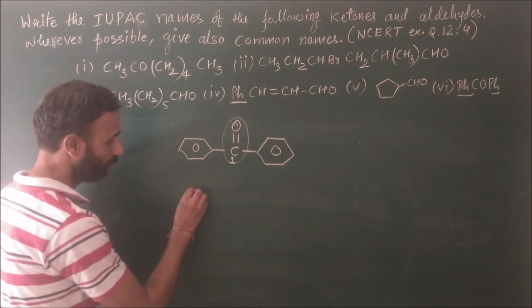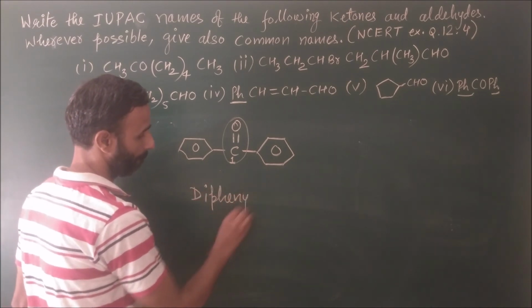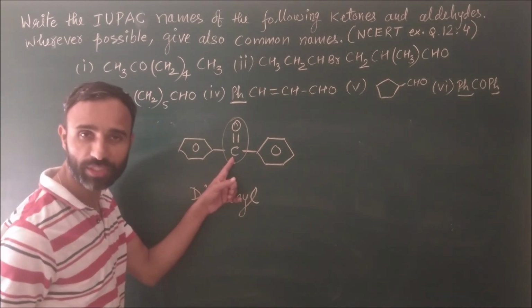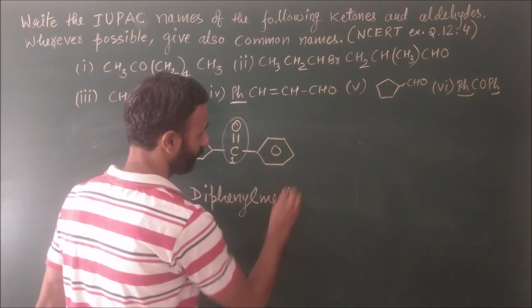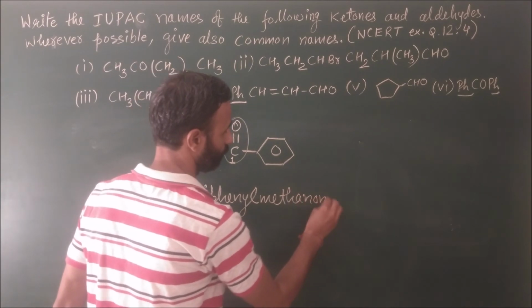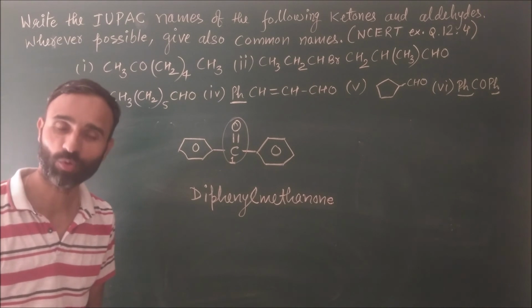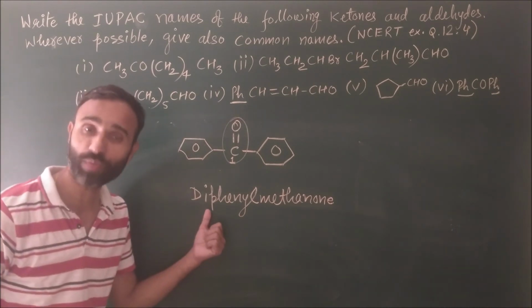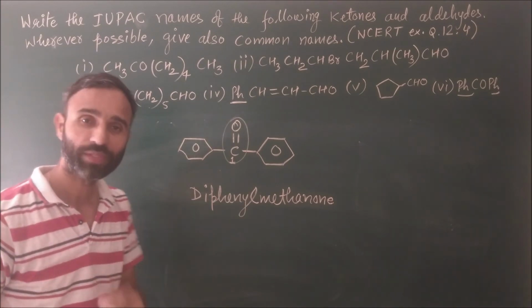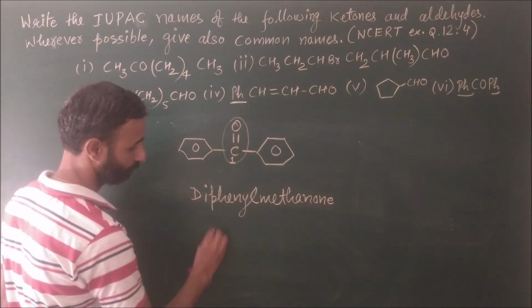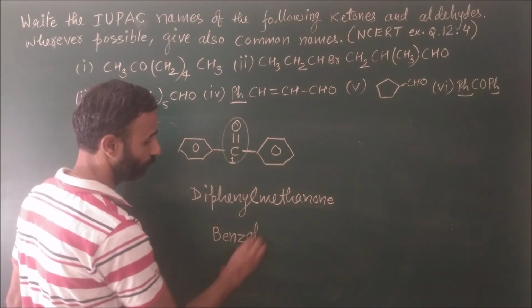So it is called diphenyl. 1 carbon chain, so it is diphenyl methanone. This is the IUPAC name of this particular compound. And what is its common name? These are the benzene rings, so that is called benzophenone.